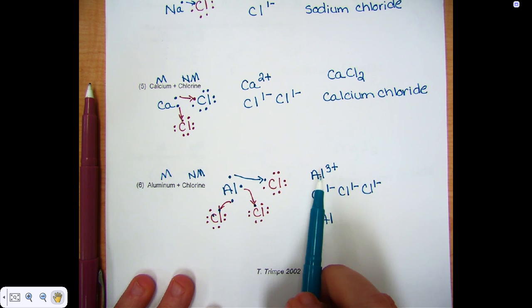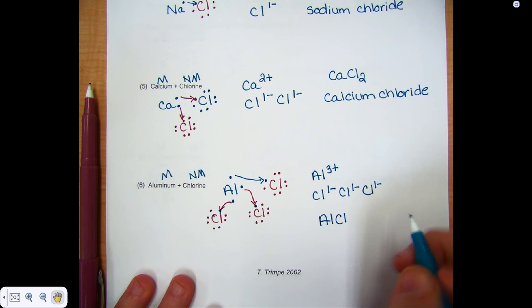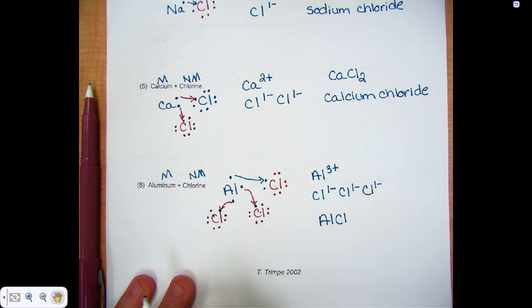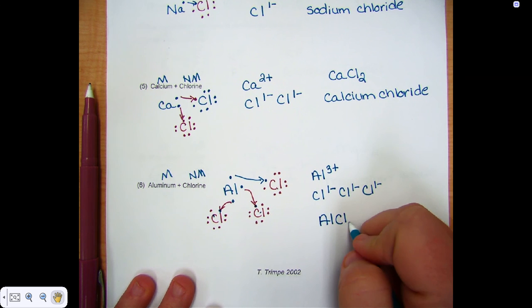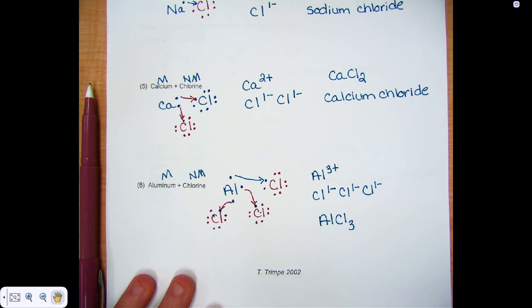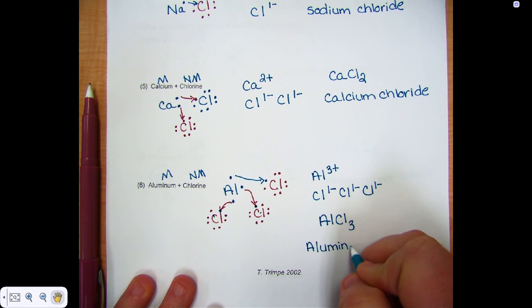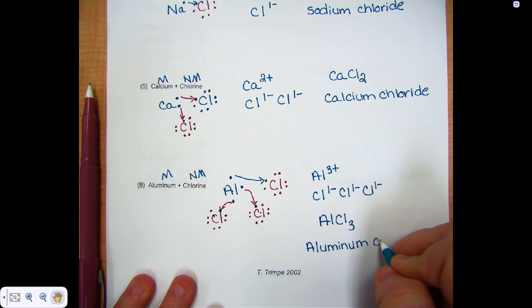I have 1 aluminum here, 1 aluminum here. And then how many chlorines do I have? Cl. I have 1, 2, 3 here, 1, 2, 3 here. If these 2 things don't match, then you've probably done something wrong, but you need to do them as their individual cells. And then my formula name be aluminum chloride.